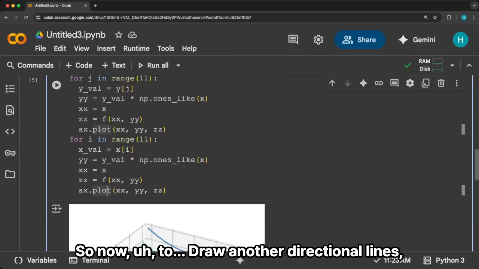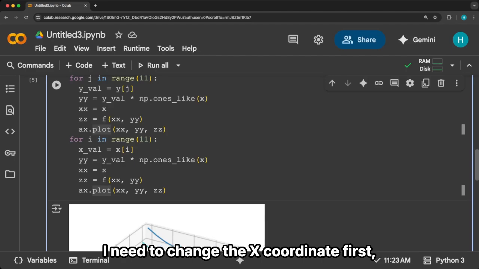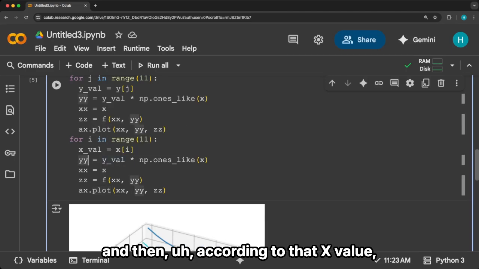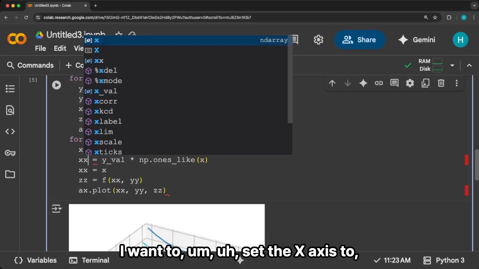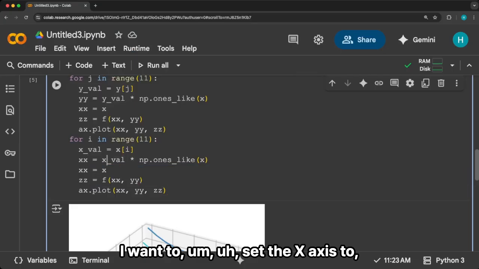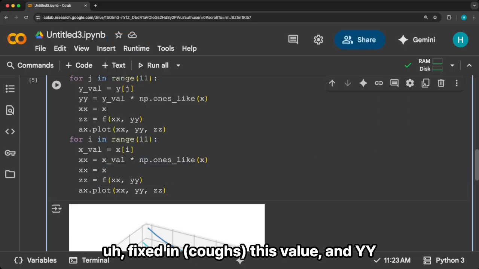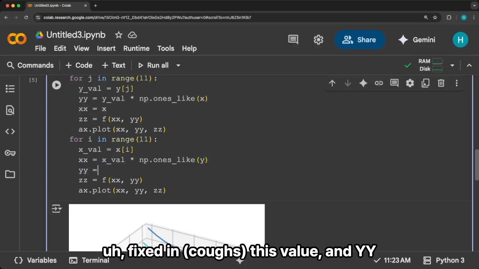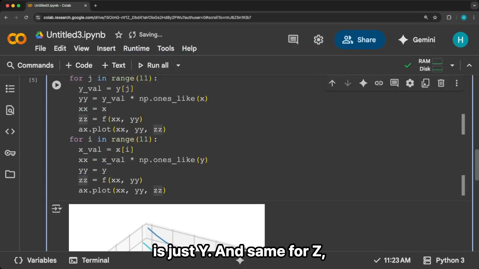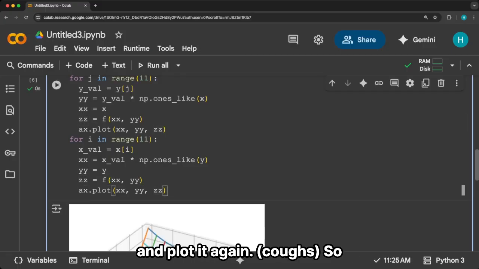To draw lines in another direction, I need to change the x coordinate first, and then according to that x value, I set the x-axis fixed at this value, and y is just y, and same for z because it's the same formula, and plot it again.